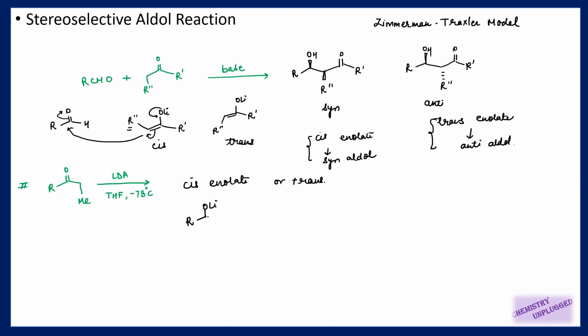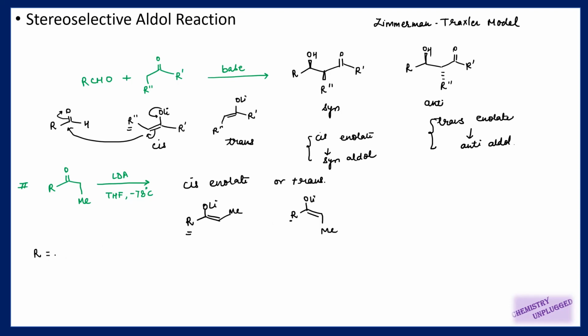Cis enolate means... this one is trans enolate, right? And this group R decides whether we will get cis enolate or trans enolate, because ultimately the formation of syn aldol or anti aldol depends upon the type of enolate we have, right? And which type of enolate we will have depends on the group present here, right?